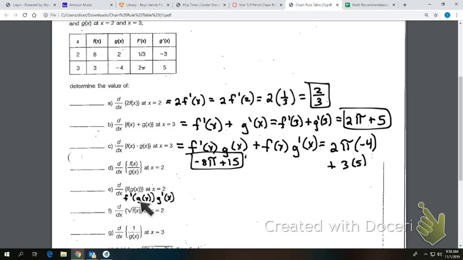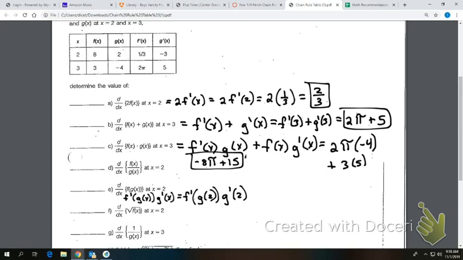I take the derivative of f, everything inside, times the derivative of what's inside. So now I can find f prime of 2. Be careful here. It would be f prime of g of 2 times g prime of 2.